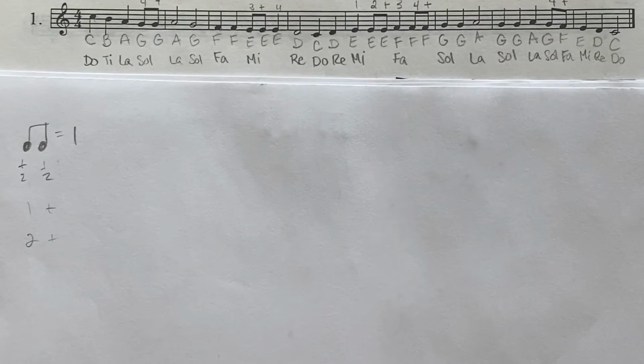How did you do? Hopefully that wasn't too confusing, okay? So next up, what we're going to do is identify our starting pitch. Now, if you didn't have a piano in front of you, which most of us don't, I'm going to just give us a pitch to start with so that you have an idea of where it's at.